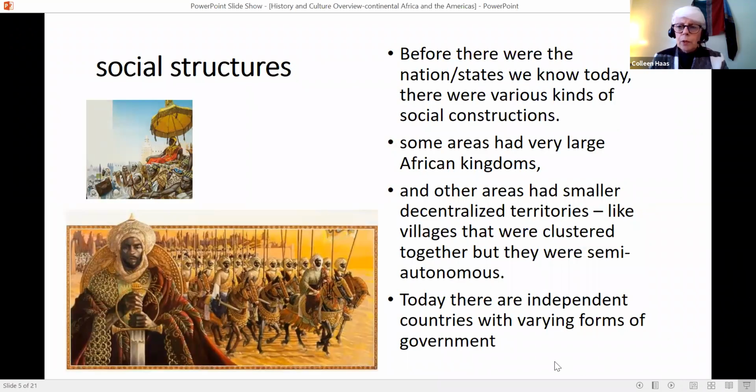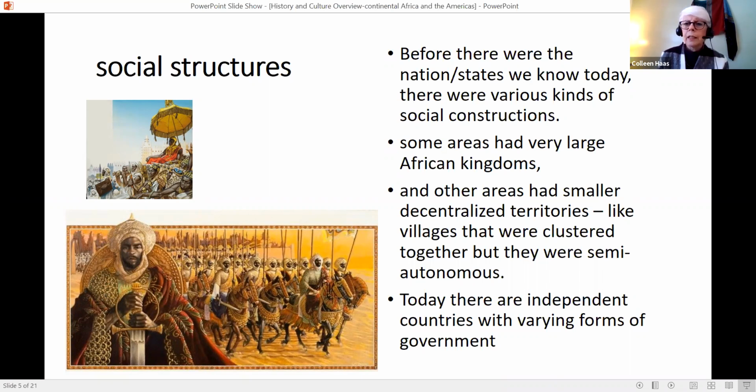In terms of social structures on the continent, if we look at a historical viewpoint of this, before there were the nation states that we know today, those boundaries of modern countries, there were basically these larger regions or smaller clusters of villages. And so the larger regions were ruled just like any other empire in the world, in Europe or in Asia or whatever.